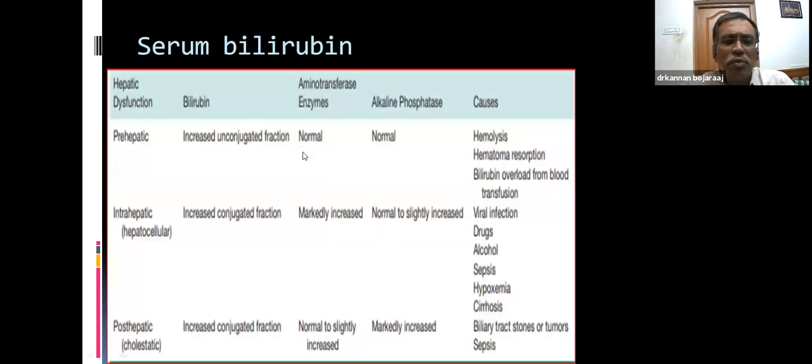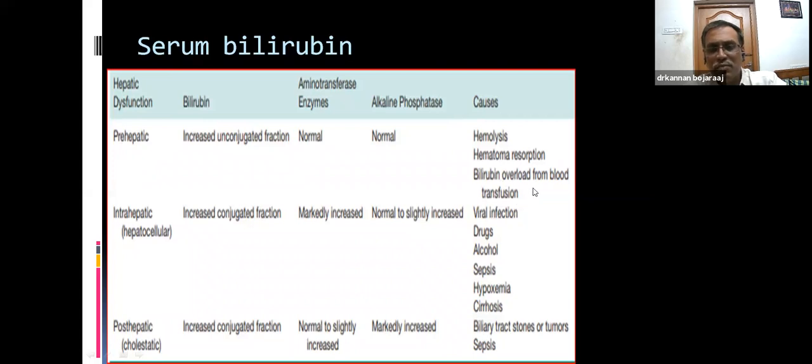And we can fix the problem. If the unconjugated fraction of the bilirubin is very high, that is Van den Bergh negative, the problem is mostly not in the liver. That is prehepatic, due to hemolysis, hematoma, or bilirubin overload from blood transfusion.